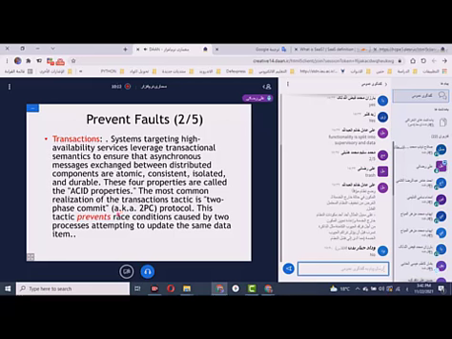I know that mostly you've seen transactions in database systems, but we can use them in component based designs. For example, Java Transaction Service is a very famous transaction management framework. And also we have COM+ from Microsoft that supports transactions on components.